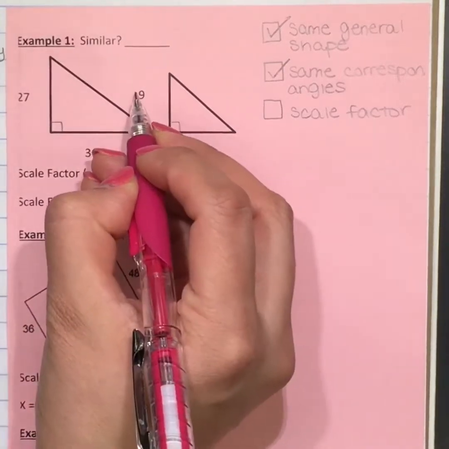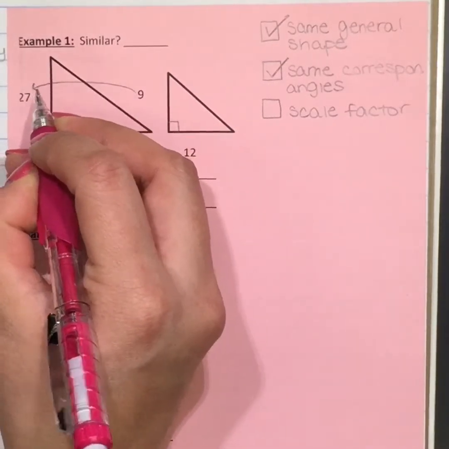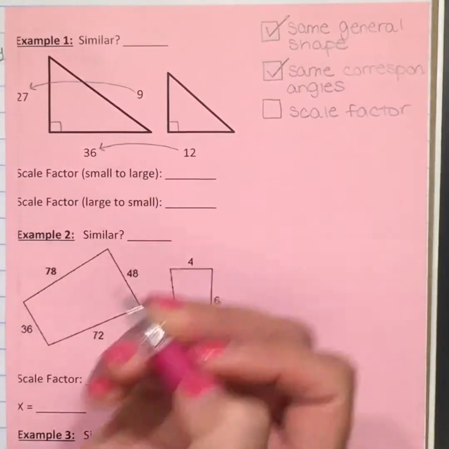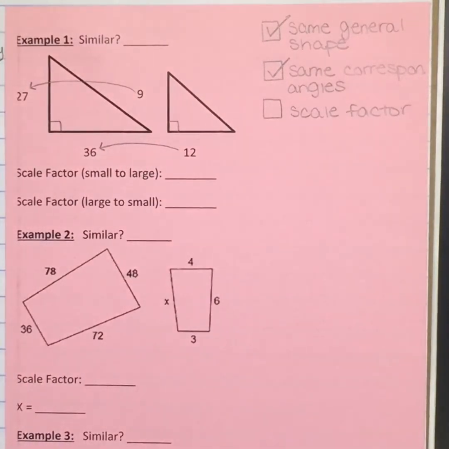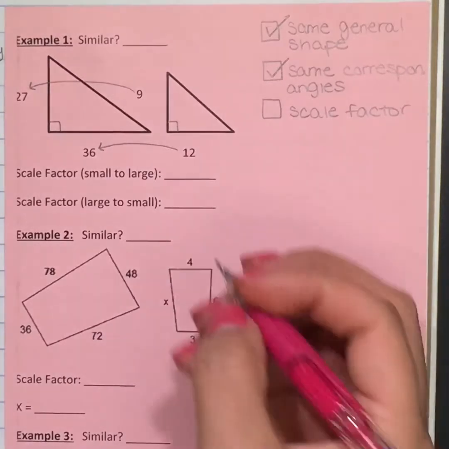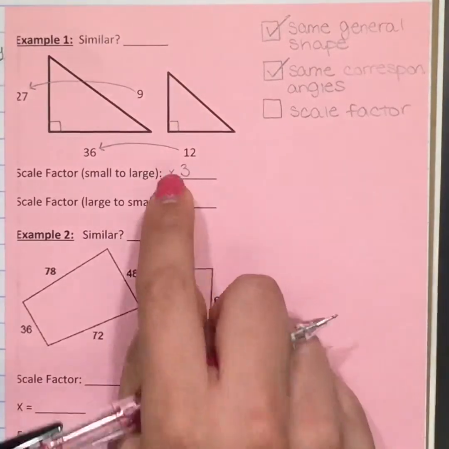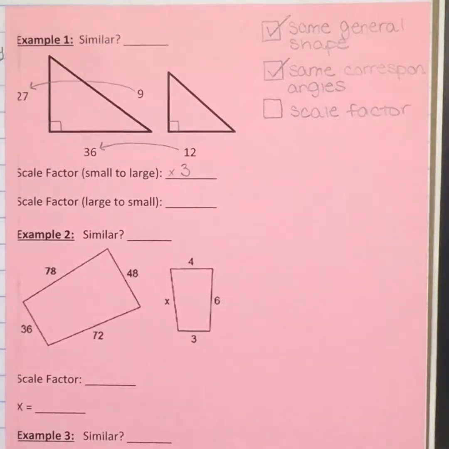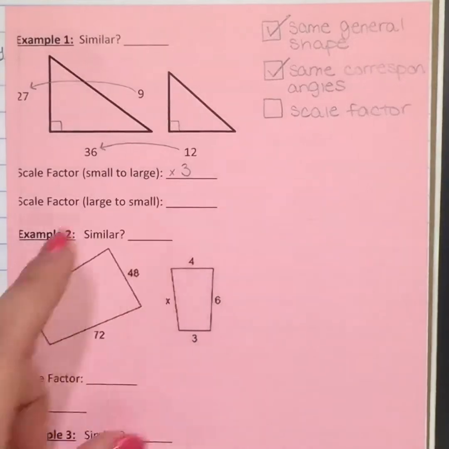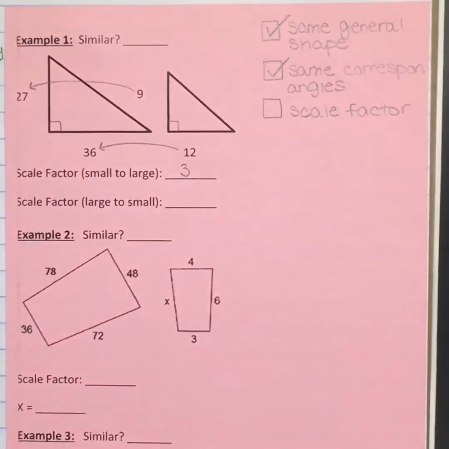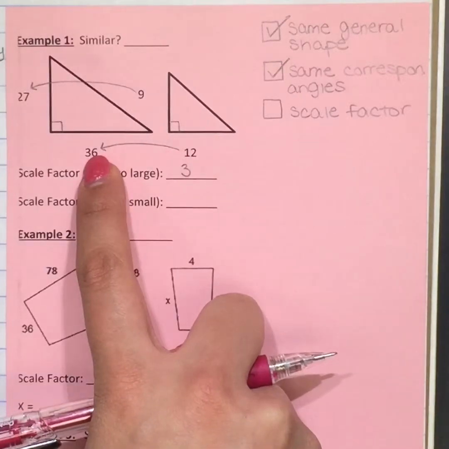Well, if I'm going from small to large, so that means 9 to 27, 12 to 36, what is the scale factor? Times 3, right? And actually I don't even have to write the x because scale factor means to multiply, so I could just write 3, and that's my answer. Okay, that's if I'm going from small to large.